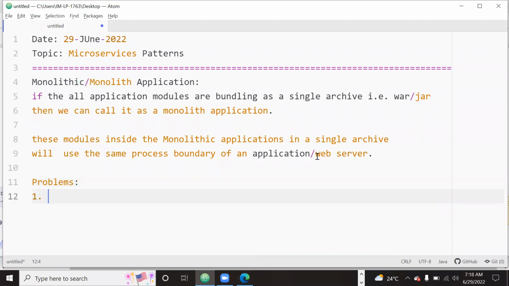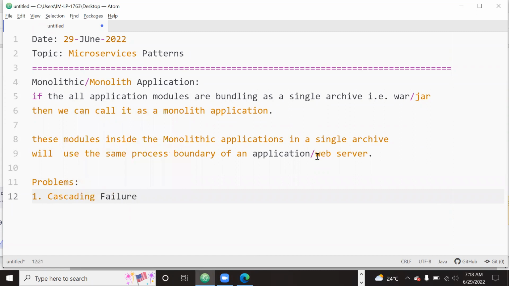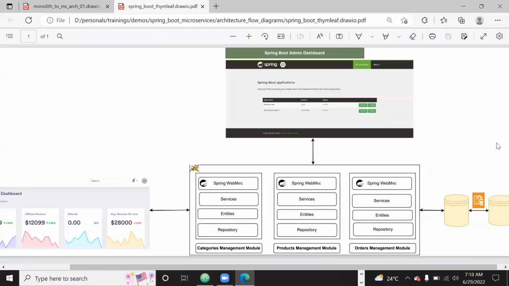So we have problems in these monolithic applications. Number one problem is cascading failures. This is the biggest drawback of the monolithic application architecture. What are these cascading failures? See this: orders management, products management, categories management, etc. are using the same process boundary, isn't it?